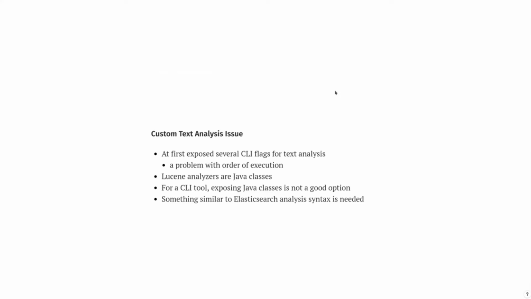And the biggest problem was how to expose the ordering of, let's say, token filters in the analyzer chain. Lucene is, as you know, a Java library, and Lucene analyzers are basically Java classes. And for a command line tool, exposing Java classes is not a good option.